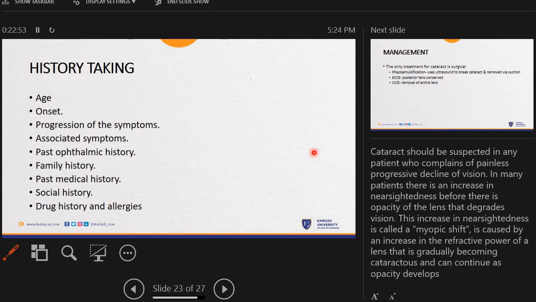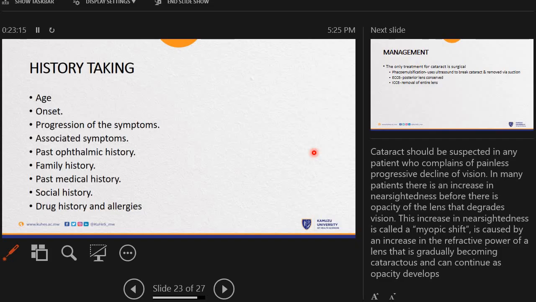So I mentioned the myopic shift. A cataract should be suspected in any patient who complains of painless vision loss. And in many patients, there is an increased nearsightedness before there's an opacity of the lens.